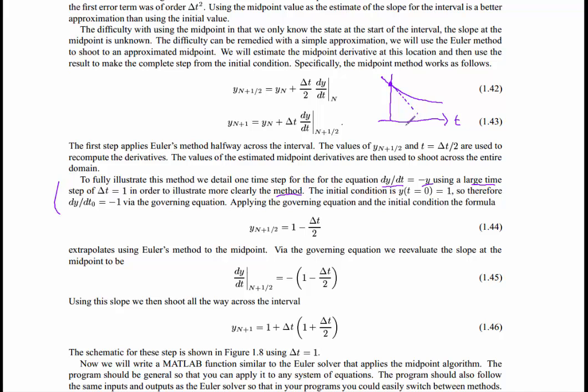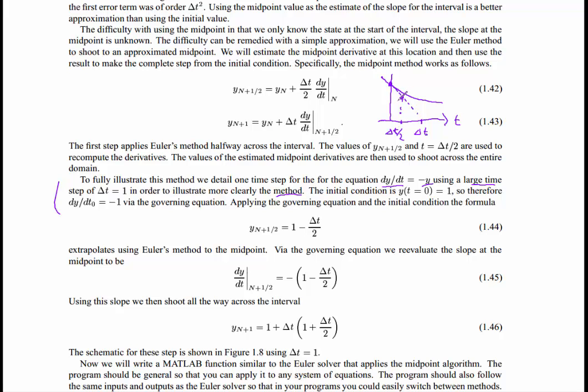So what we're going to do is, instead of going out delta t, which is here, we're going to just go out delta t over 2. That will take us out here. And then we'll use this as our approximation for y.